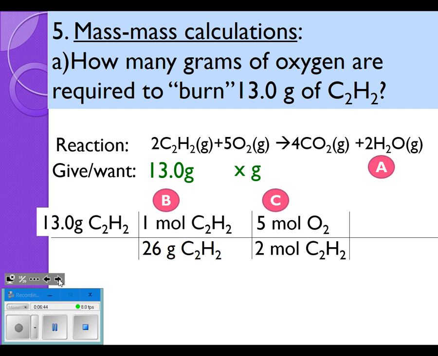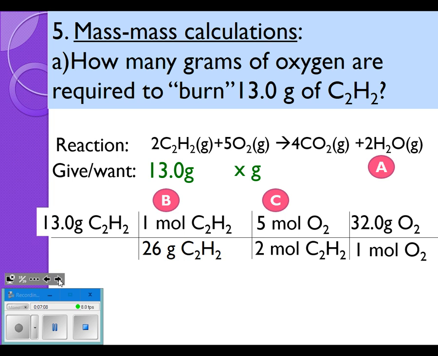That completes step C. Finally, for step D, we want to convert from moles of this second substance into whatever value we're looking for, which is grams. So we're going to multiply by the GFM. Oxygen is 16. 16 times 2 is going to give us 32. So we'll put 1 mole and 32.0 grams on top.